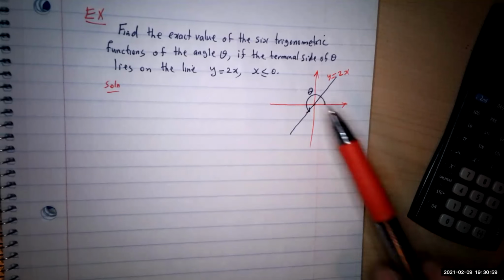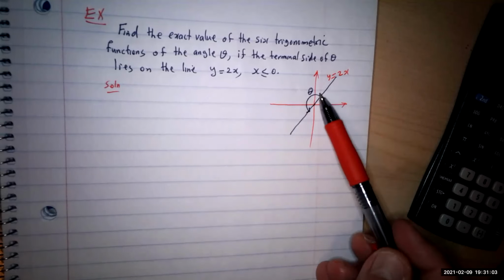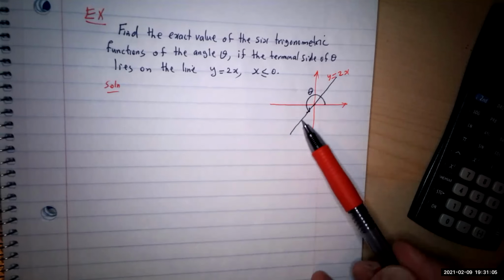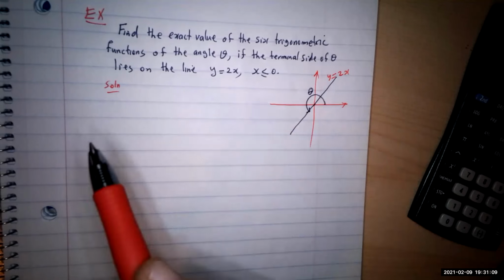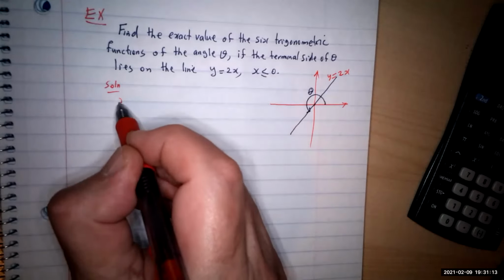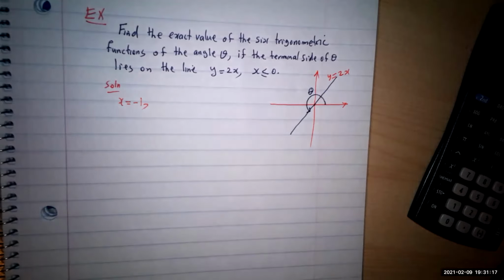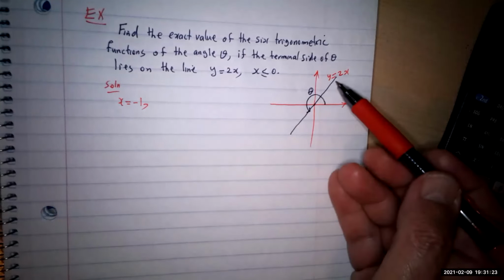Okay, can you give us a point on this line? Pick a point on this line that's going to be in the third quadrant. You know that the point must be on this line.